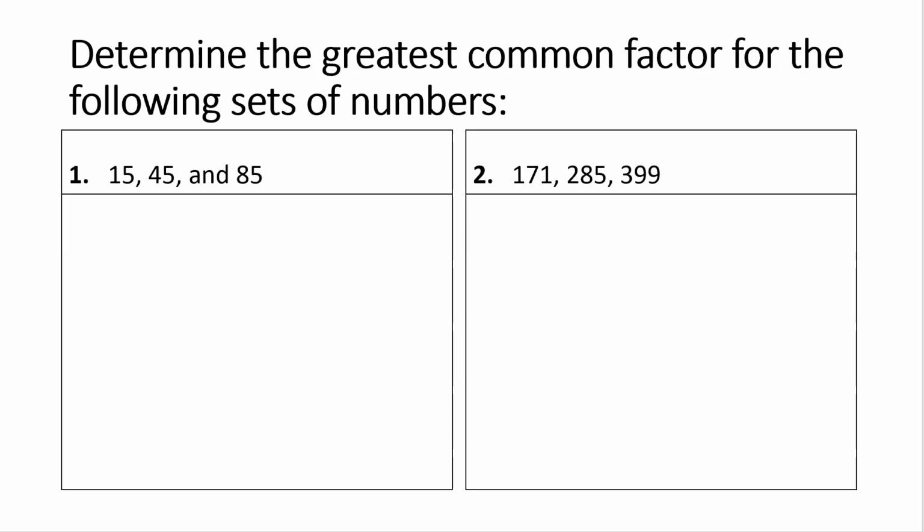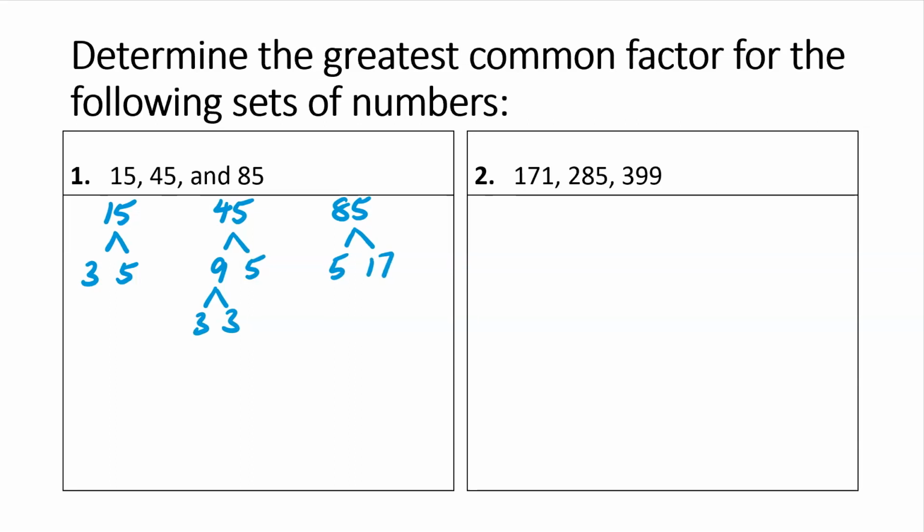Okay, 15, 45, and 85, greatest common factor. We start with factor trees for each of those numbers to break them down into their prime factors. 15 is 3 times 5, 45 is 9 times 5, 9 is 3 times 3, 85 is 5 times 17. So let's list the prime factors of each.